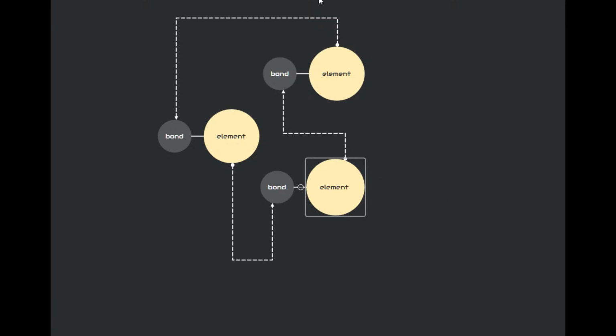Don't save. Okay, so 3D shape. So what we're going to do, we go with a sphere. Another sphere. And another sphere.